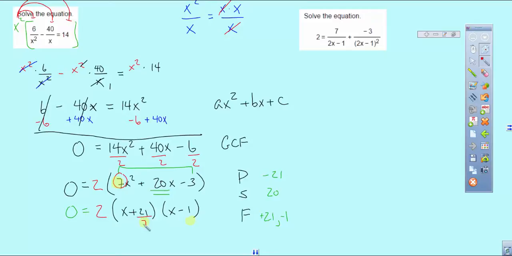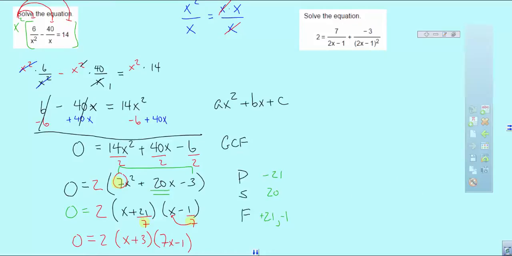So that's divided by 7, that's divided by 7. Does that 7 go into the 21? It sure does. So on this one we get x plus 3. Does that 7 go into the 1? It doesn't, so we move it out in front, and we get 7x minus 1. Remember, that's all equal to 0.